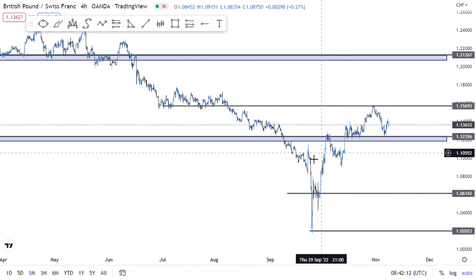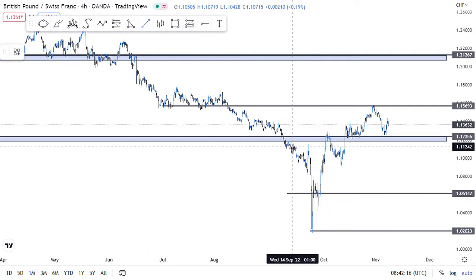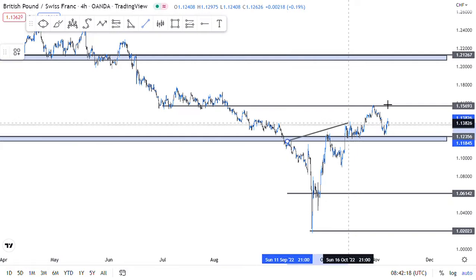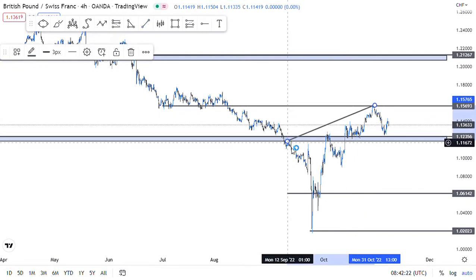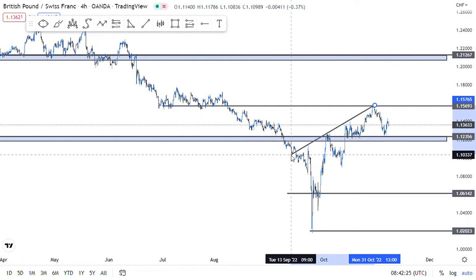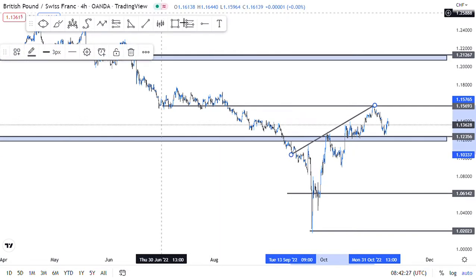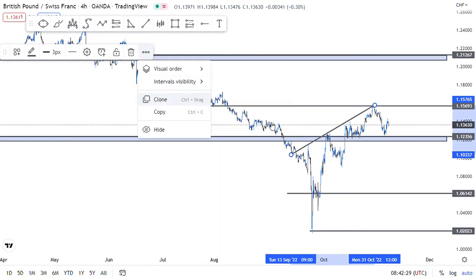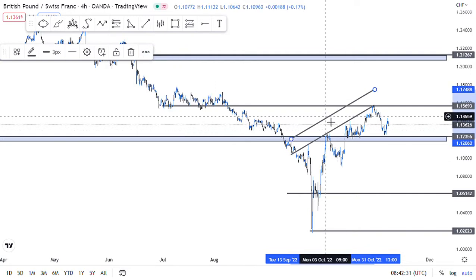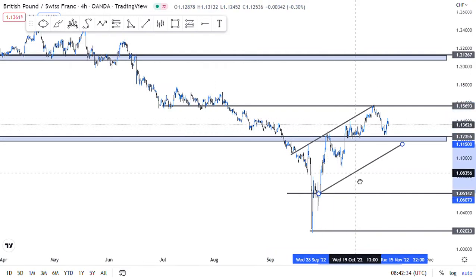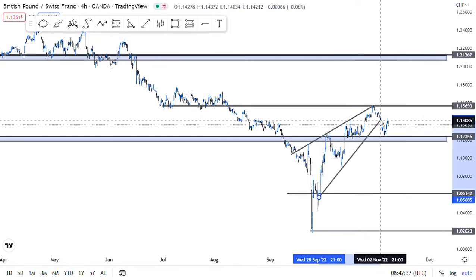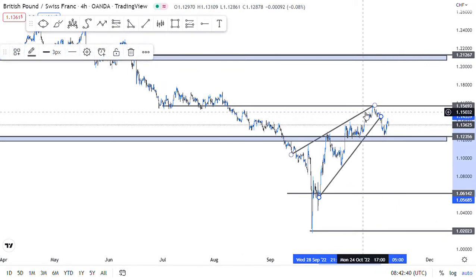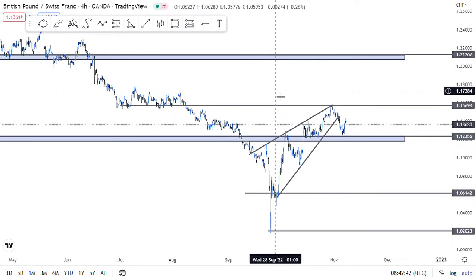Because this is a downtrending market, it is better and simple to trade with the trend, guys. This is my supporting trend line, and this is my resistance trend line.